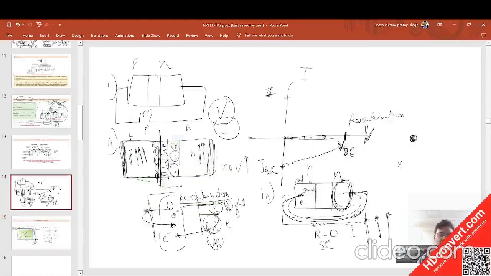Let me tell you one thing. Suppose in a short circuited condition, it means there is a wire connecting the P and N side with zero resistance. If we try to increase this bar, in the sense the length of the P side and the length of the N side, because the light is coming to this PN junction, this P side will increase, more than what was there initially.